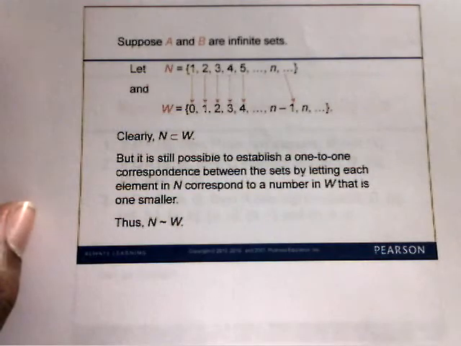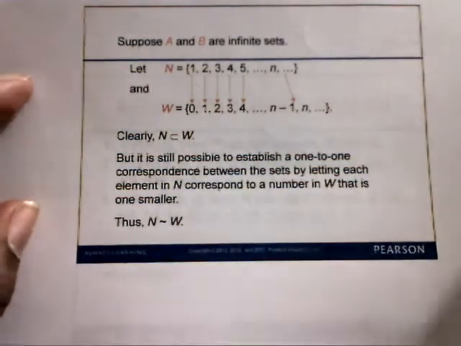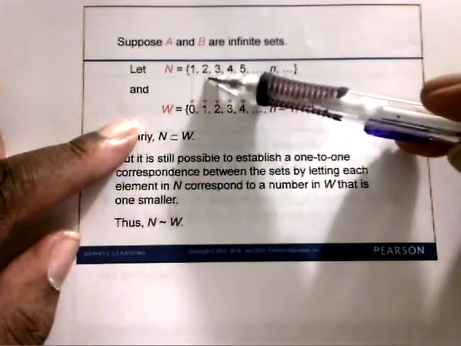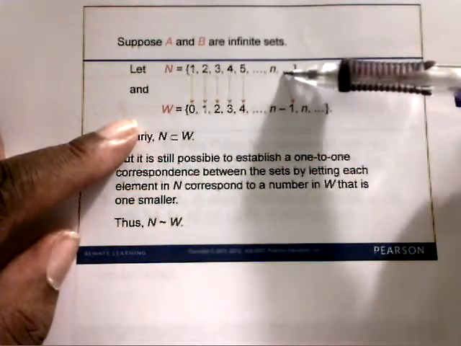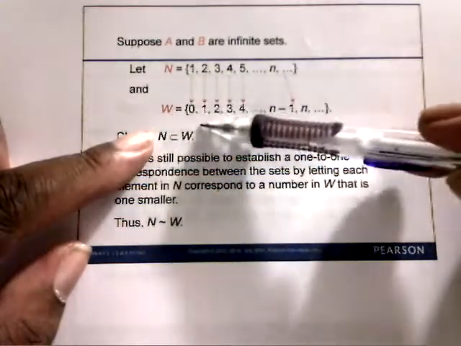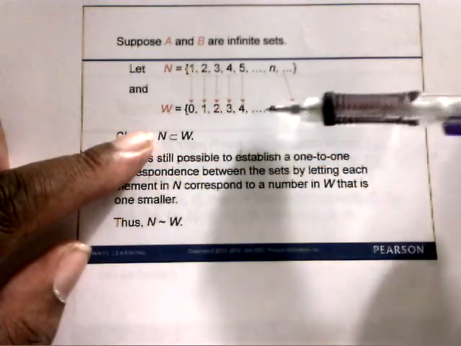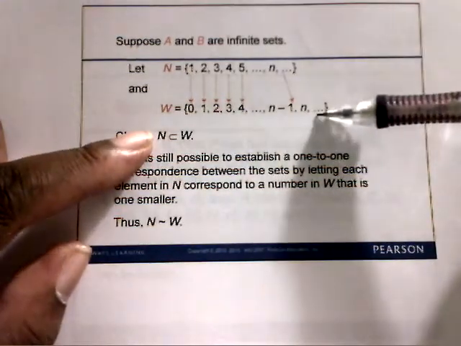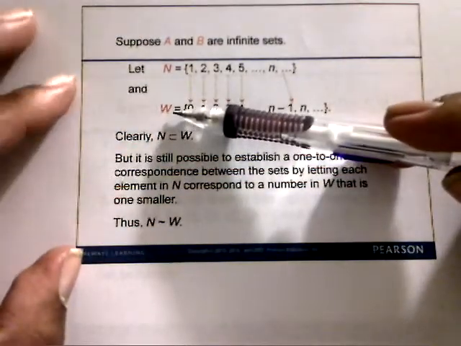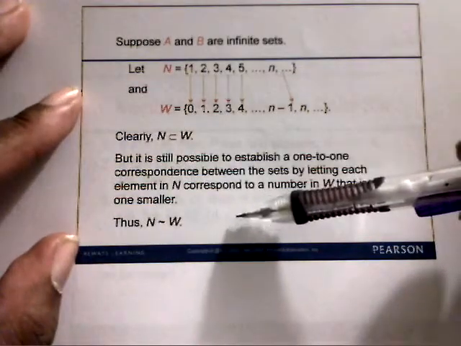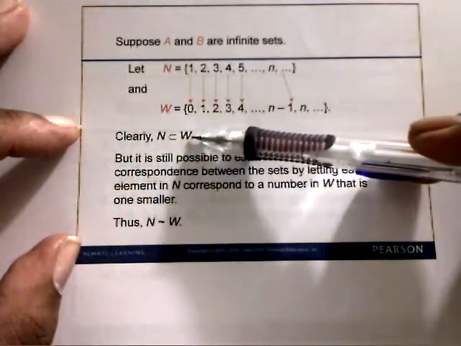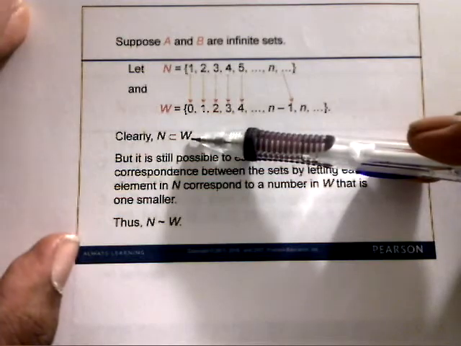All right, now suppose A and B are infinite sets. And here we got N being 1, 2, 3, 4, 5, and so on up to n. W being 0, 1, 2, 3, 4, and so on to n minus 1 up to n. W represents the set of whole numbers. Clearly, N is a proper subset of W. How is that?